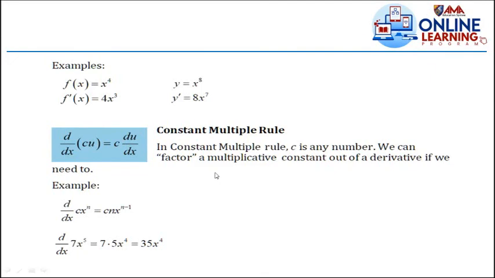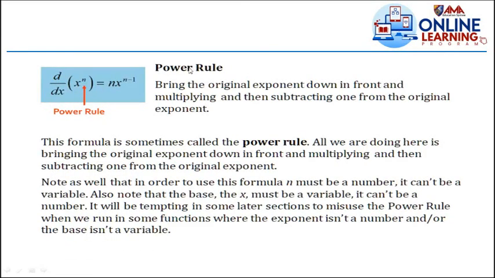Okay? So example, the derivative of constant x raised to n with respect to dx equal to constant, then multiply by your n using the power rule, then x raised to n minus 1. Okay? So ginamit pa rin natin yung power rule formula pag may constant sa unahan.